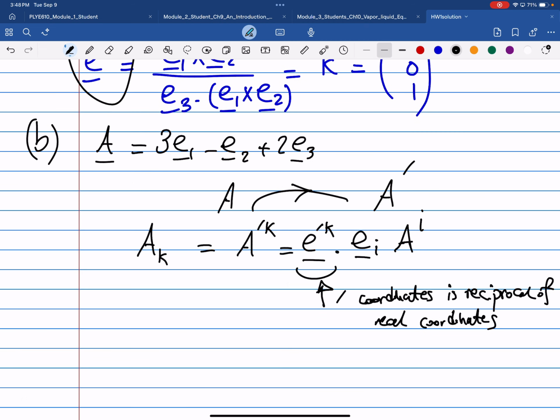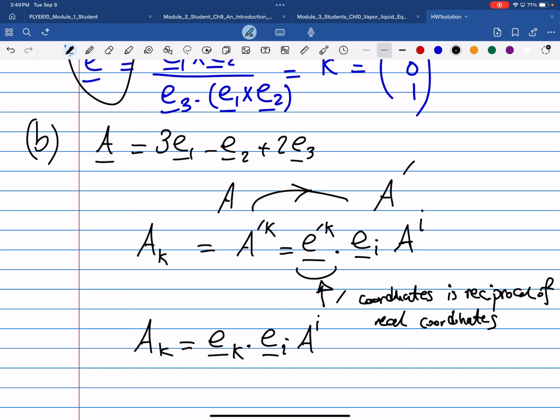So this basically becomes A K equal to E K dot E I, times A I, for this particular transformation.